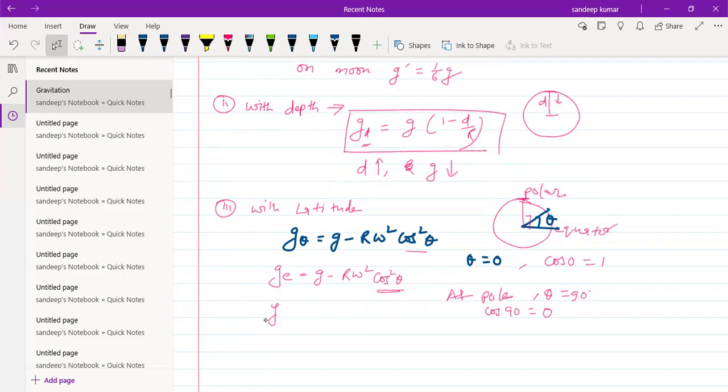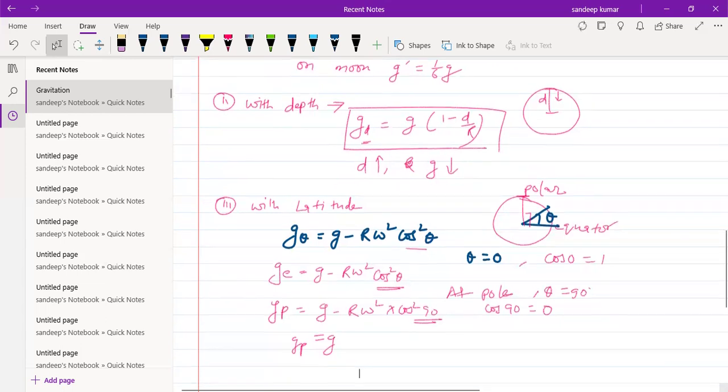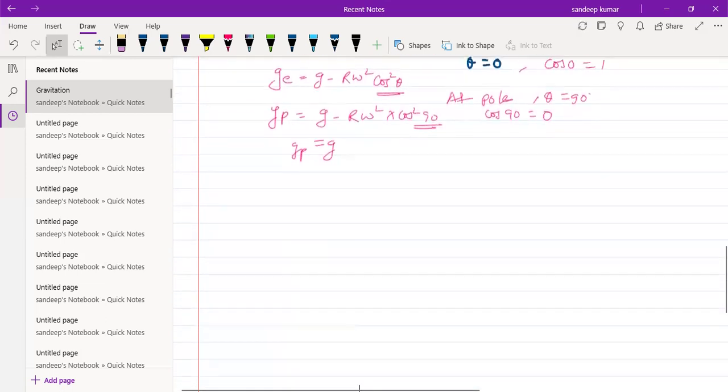So g at a pole is g minus R omega square into cos square 90, so this term vanishes. It is equal to g only. g at poles is g. Is it clear?